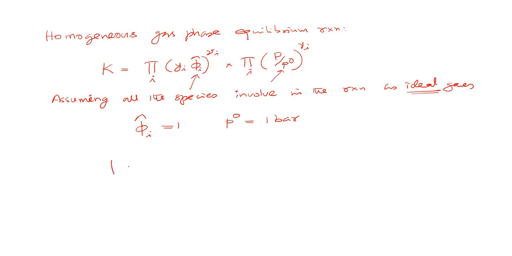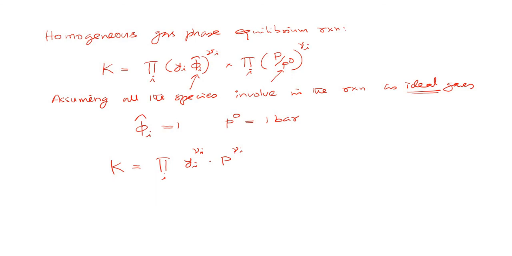So what we get is the equilibrium constant K equal to the product over i of yi power nu i, combined with P power nu i, where P is the total pressure.